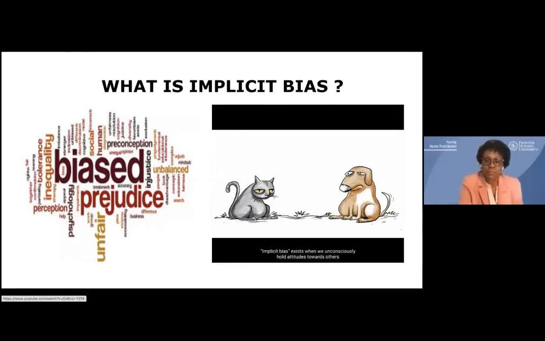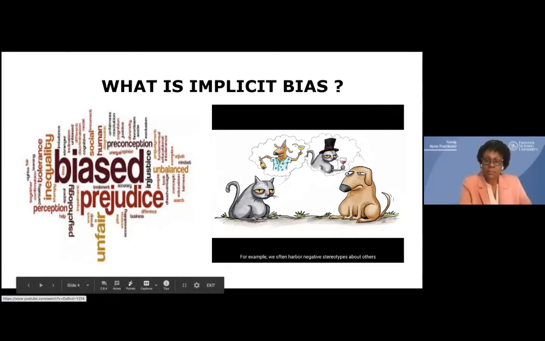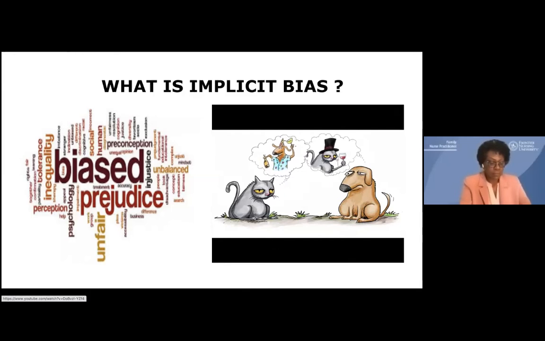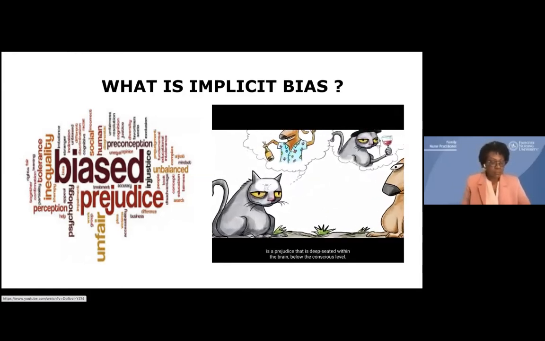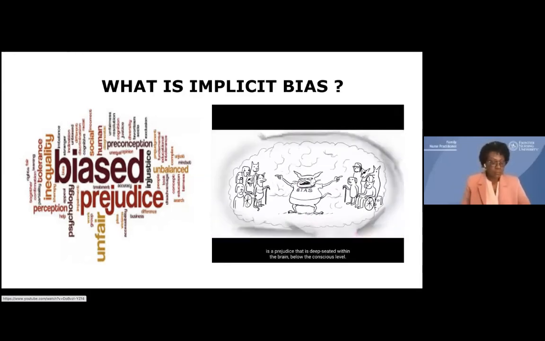Implicit bias exists when we unconsciously hold attitudes towards others or associate stereotypes with them. For example, we often harbor negative stereotypes about others without consciously realizing that we do so. Implicit bias, which is also called unconscious bias or implicit social cognition, is a prejudice that is deep-seated within the brain, below the conscious level.